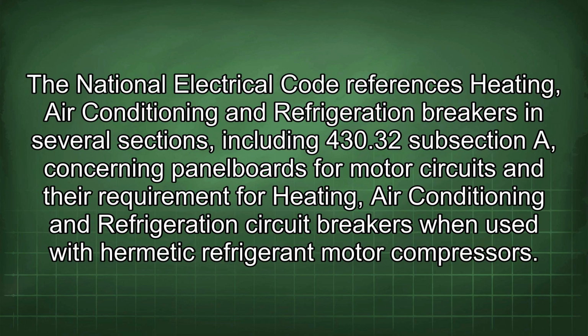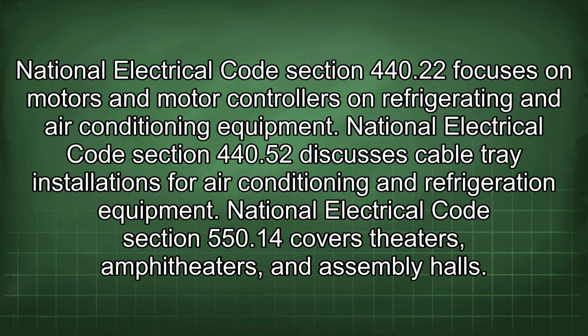The National Electrical Code references heating, air conditioning and refrigeration breakers in several sections, including 430.32 subsection A concerning panel boards for motor circuits and the requirement for heating, air conditioning and refrigeration circuit breakers when used with hermetic refrigerant motor compressors. National Electrical Code section 440.22 focuses on motors and motor controllers on refrigerating and air conditioning equipment.